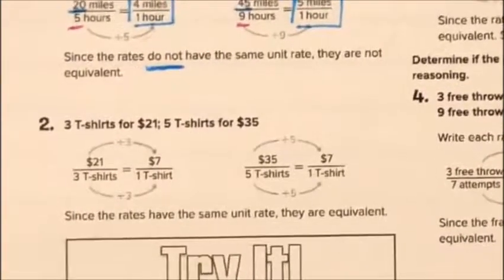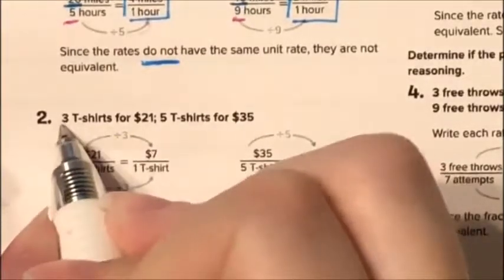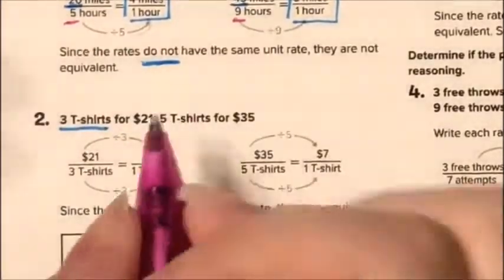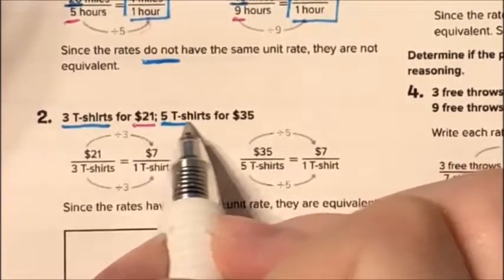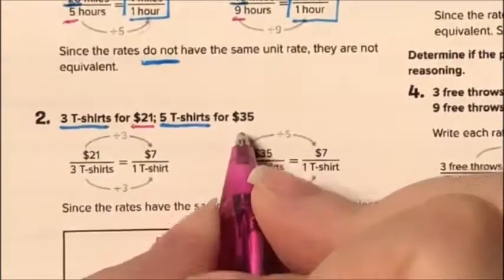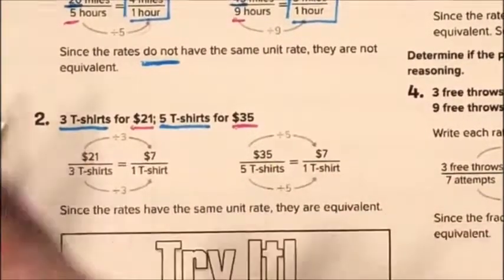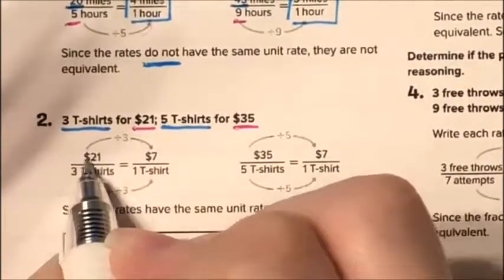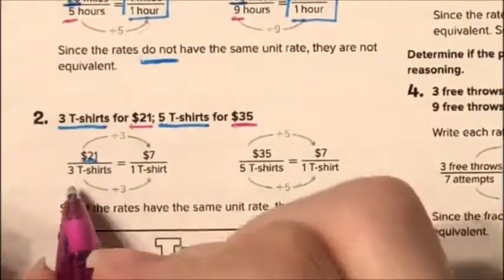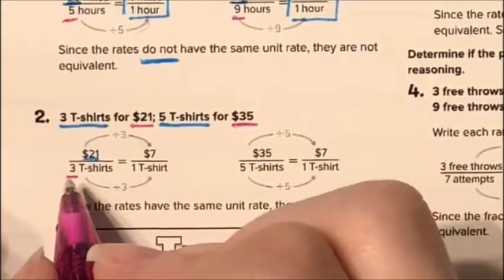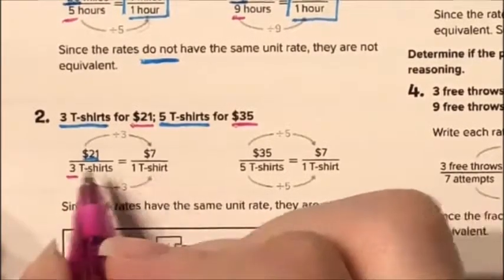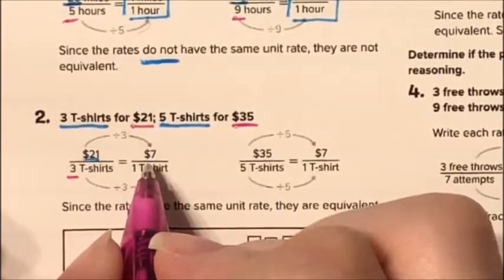All right, let's look at example number 2, okay? I have 3 t-shirts for $21 and then 5 t-shirts for $35. Okay, so I set my first one up. I got 21 over 3. I want it to be a unit rate, so I divide by 3. 3 divided by 3 gives me 1. 21 divided by 3 gives me 7.